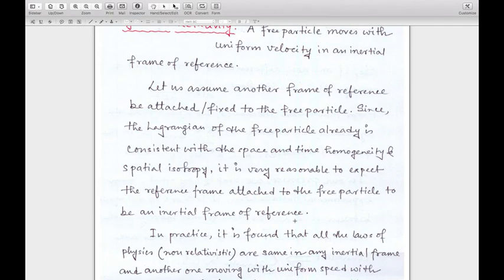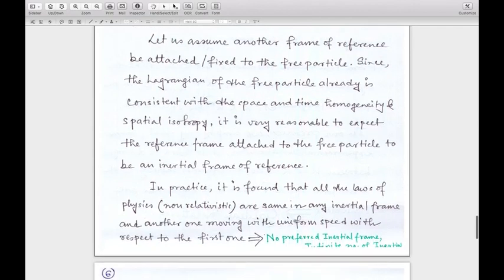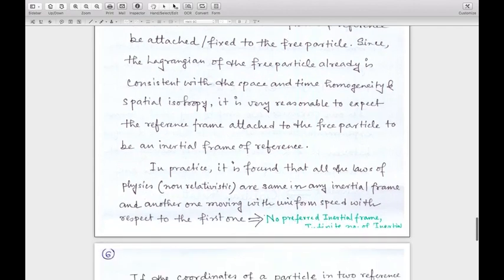So if one of them is basically an inertial frame of reference, the other should also be reasonably an inertial frame of reference. Okay. So in practice, it is found that all the laws of physics, of course non-relativistic here, are the same in any inertial frame, and another frame moving with respect to this inertial frame of reference with a uniform speed, which may or may not be zero, right?